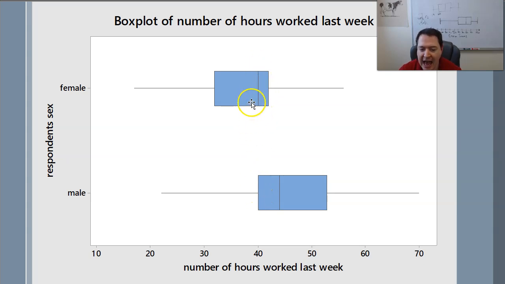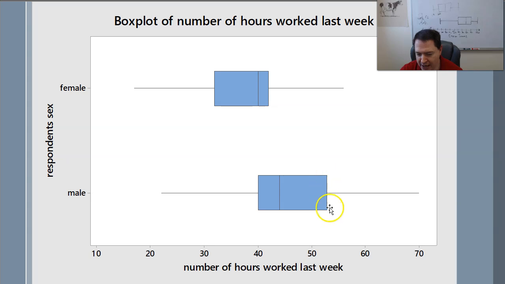So in other words, half of women say that they work 40 hours or less, and only 25% of men say they work 40 hours or less. 75% of them are saying they work 40 hours or more a week, whereas only half of women are saying that. All right, so I'm able to make those comparisons between these groups.